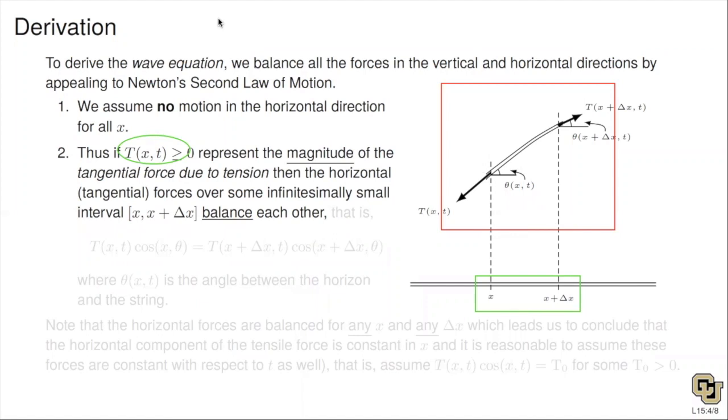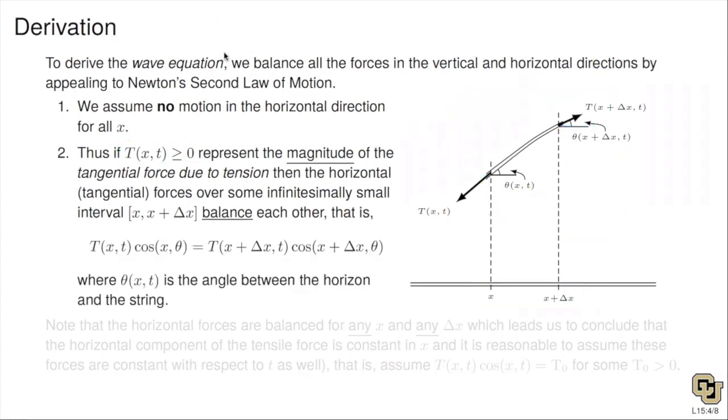I want to break this up into a vertical component and a horizontal component. Using the angle here, we can find mathematical expressions for the vertical and horizontal components of this force due to the tension.